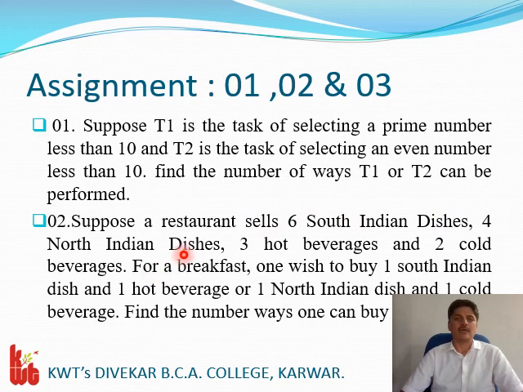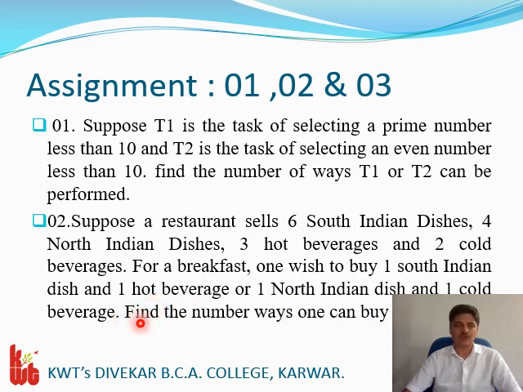Now assignment number 2. Suppose a restaurant sells 6 South Indian dishes, 4 North Indian dishes, 3 hot beverages and 2 cold beverages. For breakfast, one is to buy 1 South Indian dish and 1 hot beverage, or 1 North Indian dish and 1 cold beverage.